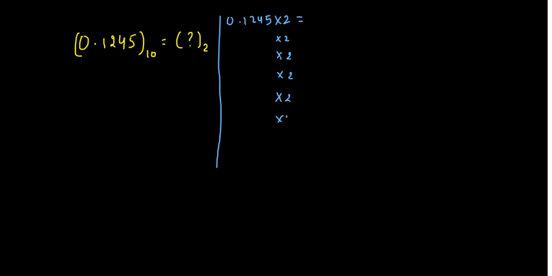As you can see, I have written that we multiply by 2, six times. It is given in our case that we find up to 6 bits of binary.